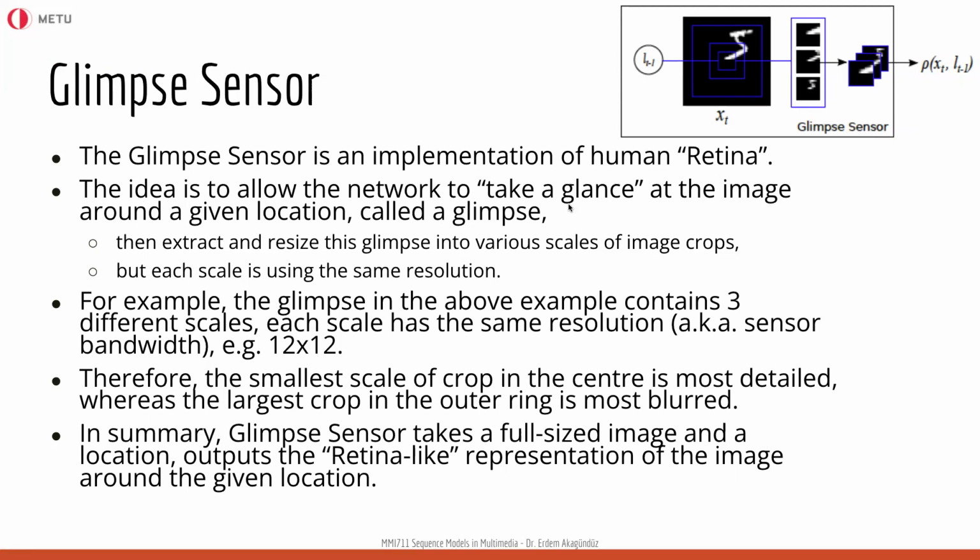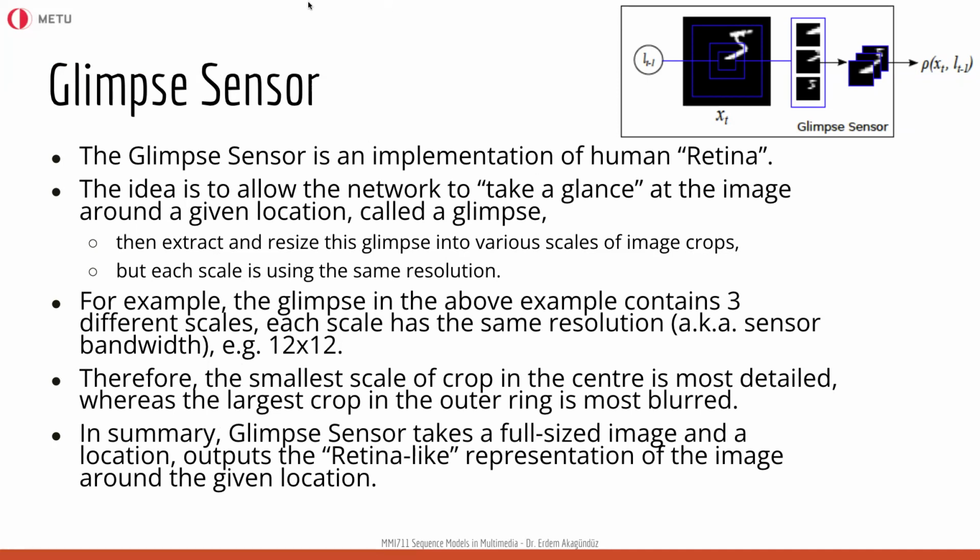You have a human eye, you have the retina, and the retina makes a glimpse. They implement this glimpse idea with a so-called glimpse sensor, which is part of a recurrent neural network they call the glimpse network.